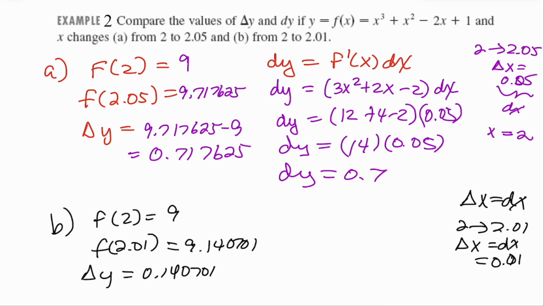So our dy is our derivative, 3x squared plus 2x minus 2 dx. If I plug in 2, we know we got 14.